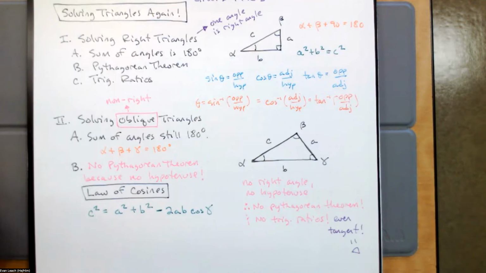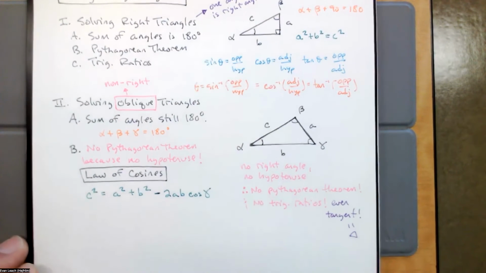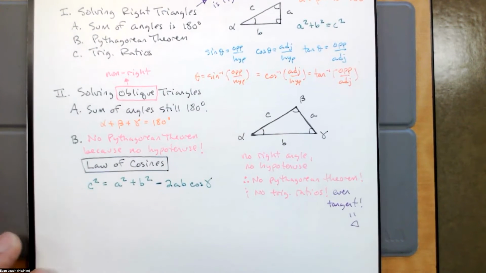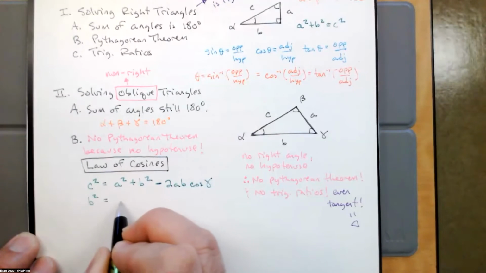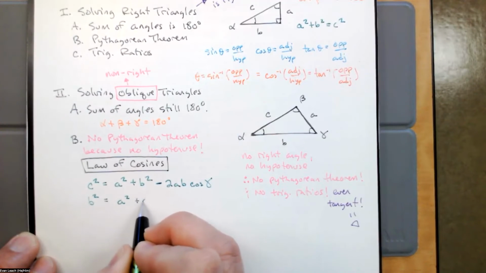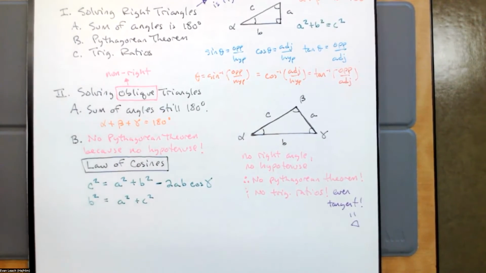So let's write down the other two versions. The second one starts off with b squared, and it's a squared plus c squared with that other term, minus 2ac cosine beta.